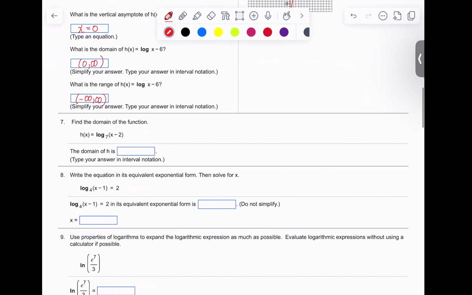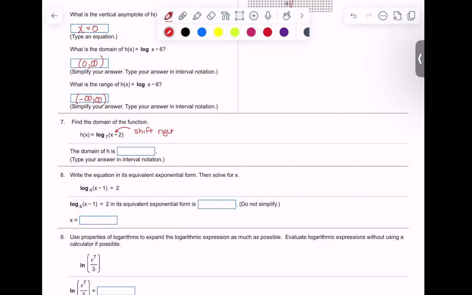All right, problem 7, find the domain. Well, this one has been shifted horizontally. So we have h of x equals the log base 7 of x minus 2. Subtracting a number from your input x is a shift to the right.